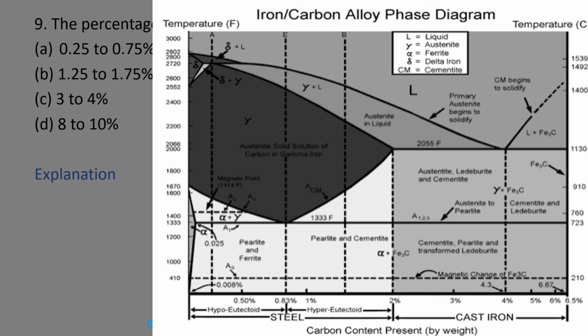So below that will be hypoeutectoid, above that will be hypereutectoid. Then for this question, we have to see the cast iron percentage. So cast iron varies from 2 to 6.5%. So the first two options are already gone because these are for the steels. So we are not going for those, and 8 to 10% is actually not used. So we only have 3 to 4%.